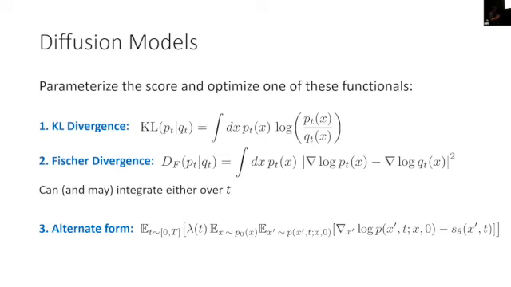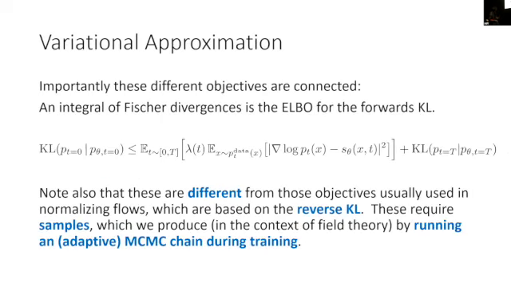There's already a lot where you actually want to know things about the SDE to make things work. And something worth knowing is that these are all related quantities. These KLs are upper bounded in a natural way by weighted averages of these Fishers over different times. So in some sense, these objectives are all equivalent, but you want to optimize the right one to have good numerical properties.